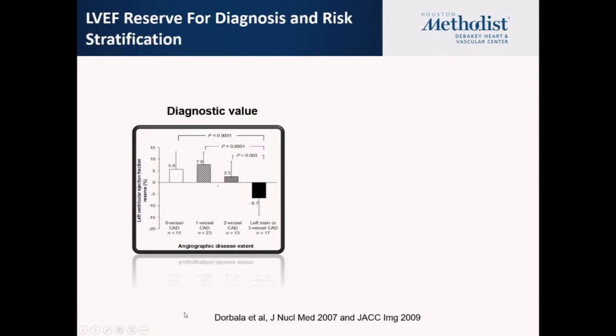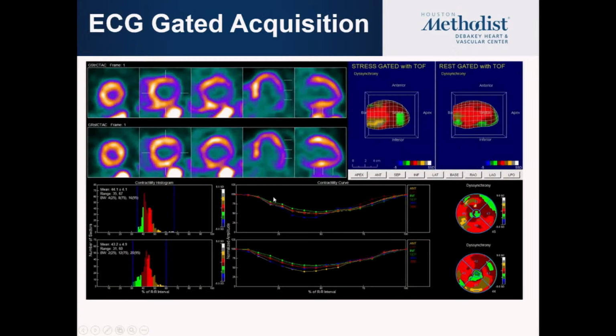Now you can move on and acquire data based on perfusion, but it is important to also have the EKG data, because of the added value of ejection fraction determination. With PET, we are getting the true peak ejection fraction.